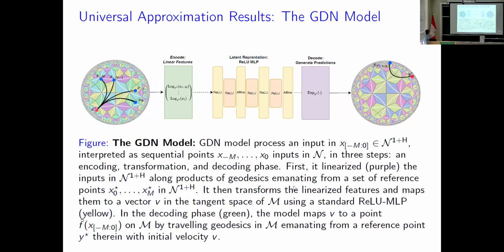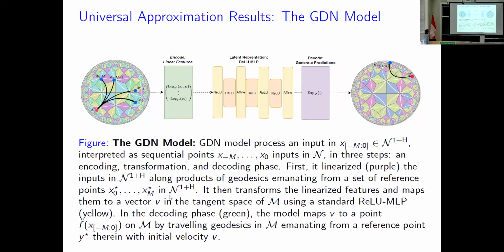The colors are not right, but basically we have first an encoding phase, in which the input in this space, remember that h is the memory of the process that we have in input, is linearized along some geodesics that emanate from a set of reference points.